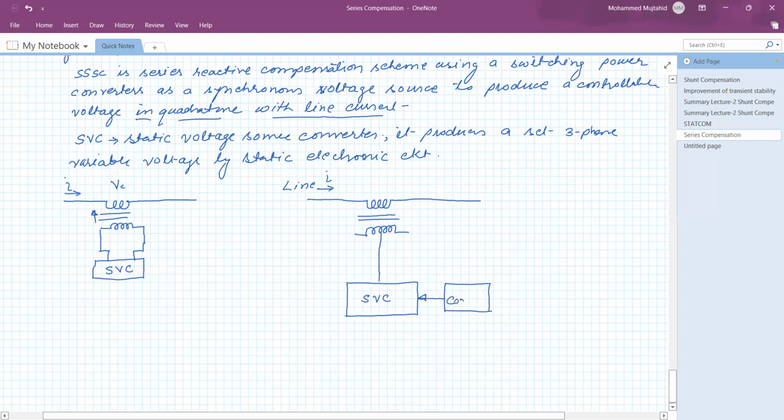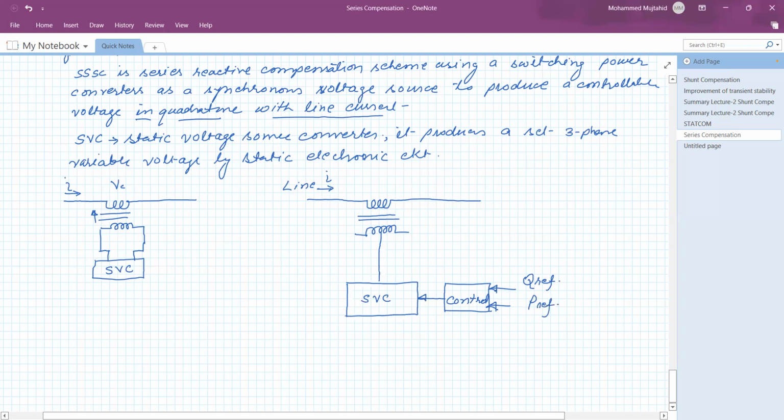The control has two reference parameters. It may be a Q reference, a reactive power reference, and an active power reference.